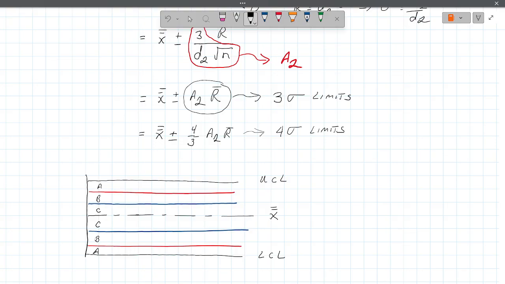I did this as 3 sigma, but those would be the numbers that we're going to calculate down the road.